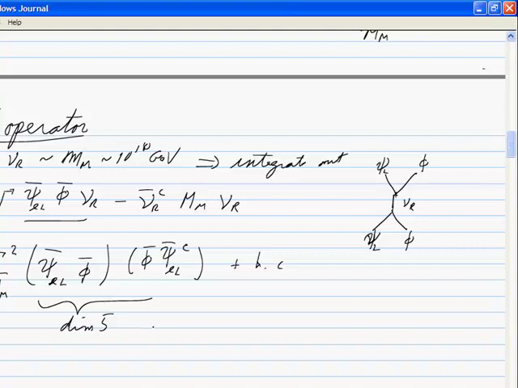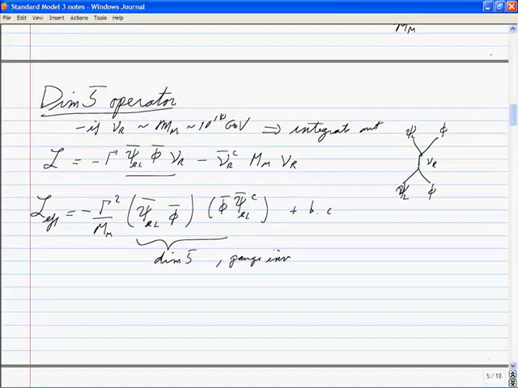It's also gauge invariant, because this guy is a singlet under all the gauge symmetries. You can see it looking up here. This was a singlet, so this one is also a singlet under all gauge transformations.